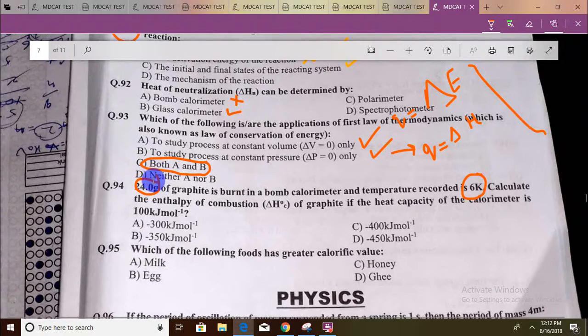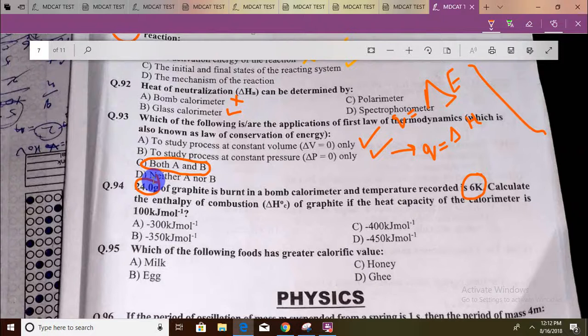And because this is just for 24 gram of graphite, and we know that one mole has 12 gram, this is for 2 moles, and half the value will be for one mole. So we divide by 2, it becomes 600 into 12. And the answer is really complicated. Let's do this again.